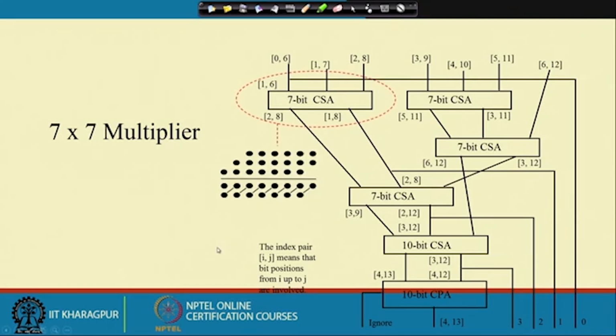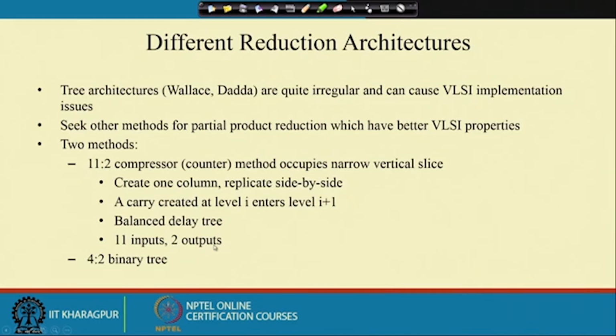Okay. So, in the tree reduction method, what I find is that the corresponding methods are very much irregular. Somewhere I am using a full adder, then a half adder, so the structure is not that regular.